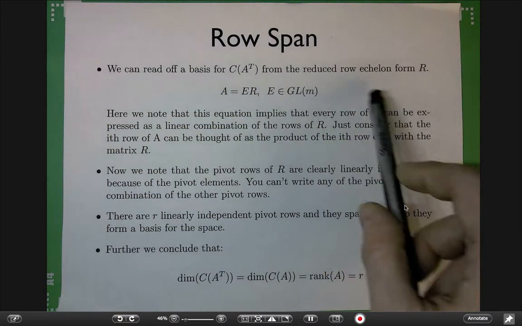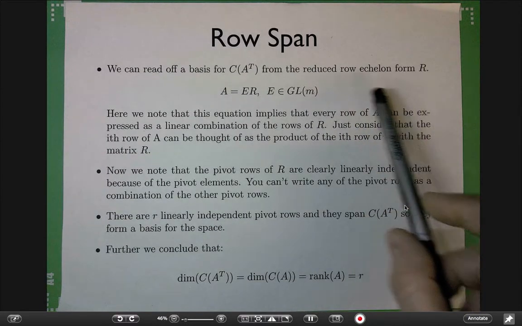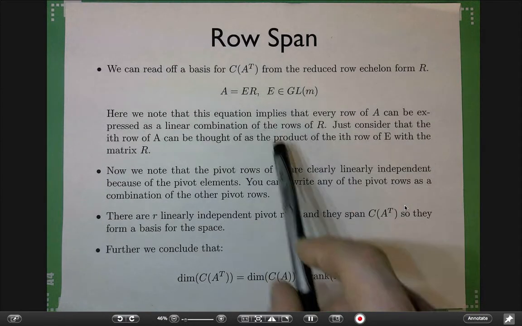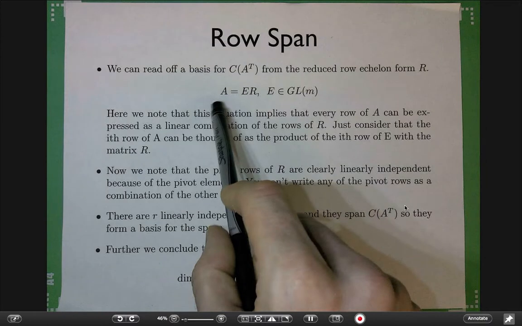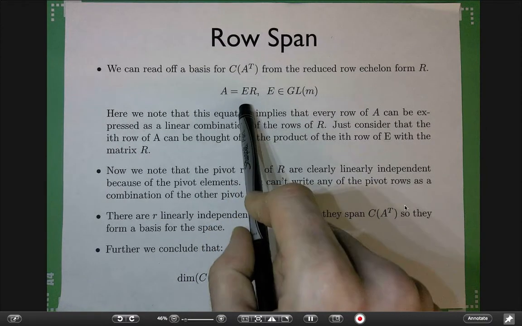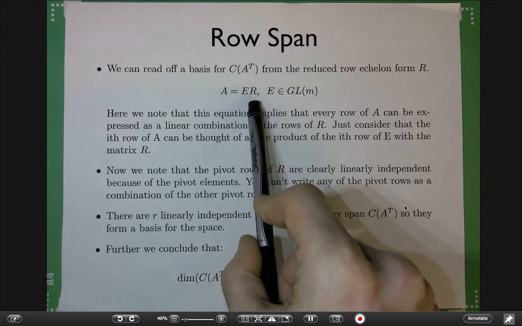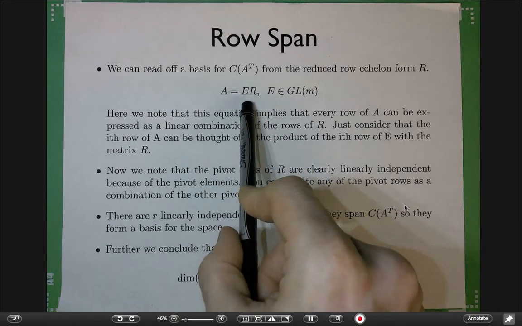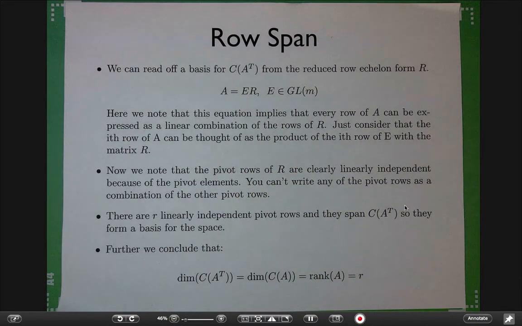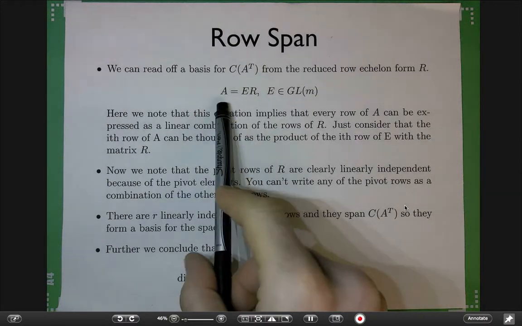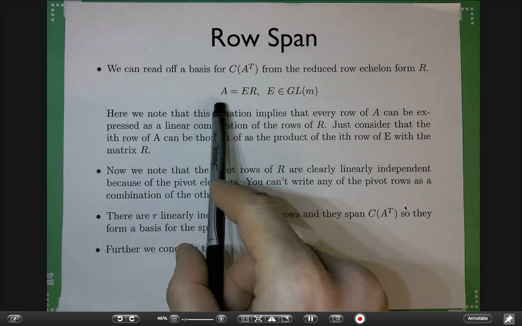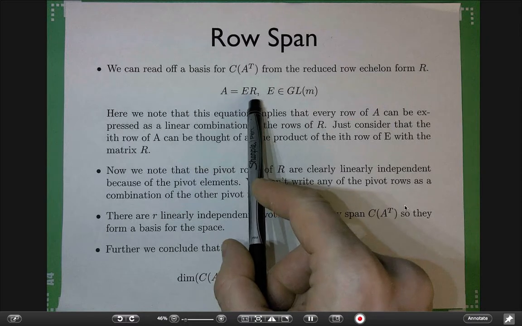We can again read it from the reduced row echelon form R. So if we convert A to reduced row echelon form, where R is the reduced row echelon version and E is the matrix corresponding to the elementary row operations, then what that means is that every row of A is a linear combination of rows of R.